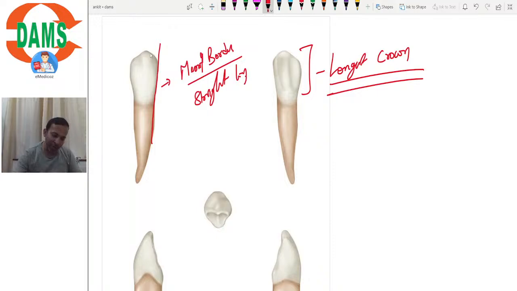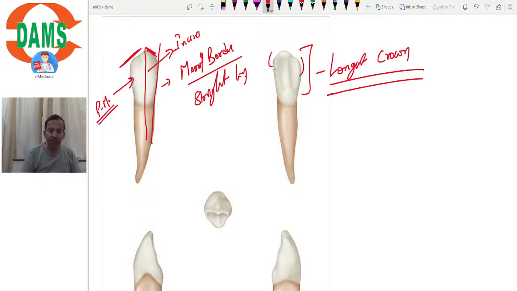Why? Because look at its mesial cusp ridge. It's more or less straight, whereas the distal cusp ridge has an angulation or an incline, right? So its mesial half resembles an incisor, whereas the distal half resembles a premolar or a posterior tooth. So you can say this tooth has features of both anterior and posterior teeth, right?